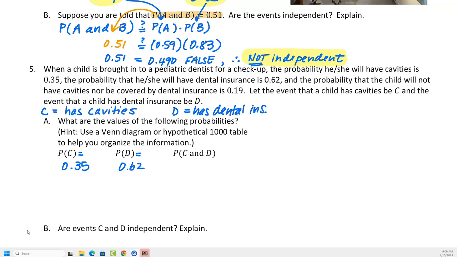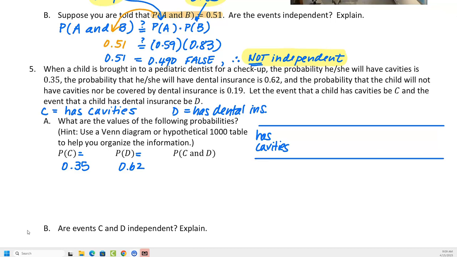Let's see here. I like making 1,000 two-way tables, so I'll do that. So I'll put has cavities here. No cavities. And then total.